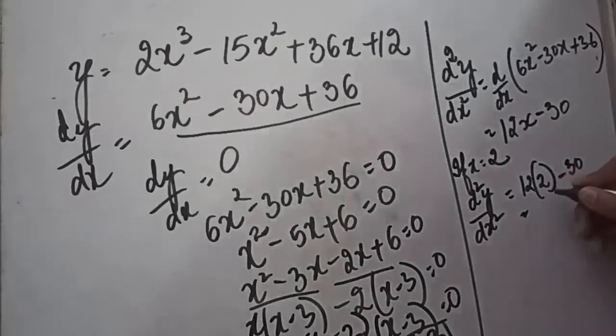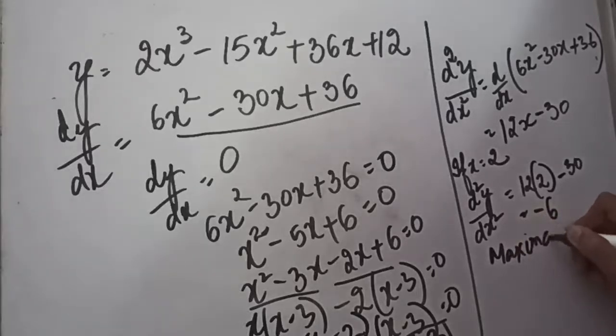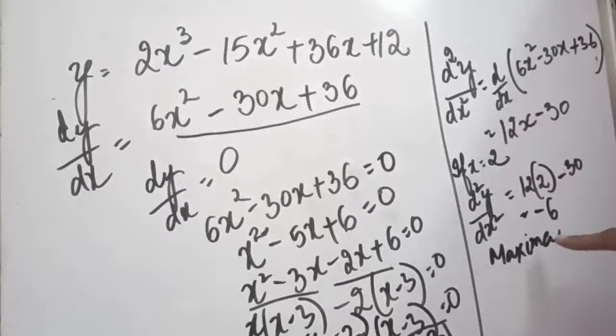This value comes out to be minus 6. So it is the maxima value. If this value comes out to be negative, it is the maxima value. If this value comes out to be positive, it is the minima value. Now this minus 6 has shown that it is the maxima value.